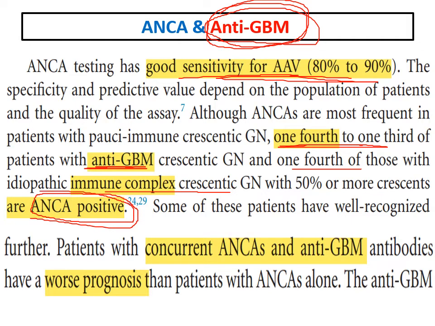So in around 25 to 33% of patients with anti-GBM disease, they are usually also ANCA positive. We call them double positive patients for ANCA and anti-GBM. And those patients, unfortunately, usually have a worse prognosis than those patients with ANCA positive alone.